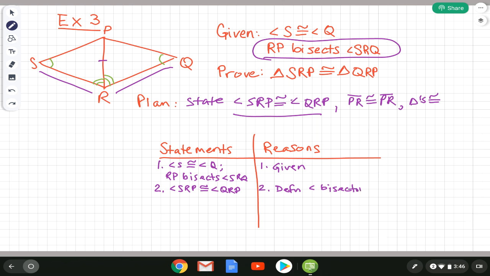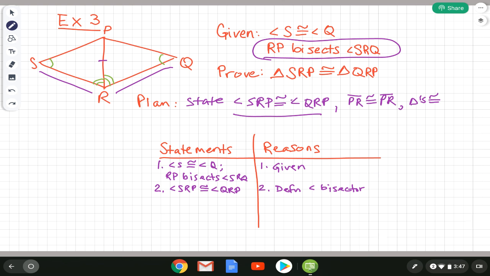Now, when you read RP bisects angle SRQ and you see that it's marked in the figure, you might be tempted to just skip saying that these two angles are congruent, but in a proof you have to state everything. Even if it's obvious, you have to go through the motions of actually listing out each pair of angles that's congruent and the non-included side in this case. Every part that you need for whichever theorem you're using, you have to actually state the angles or the sides or whatever it is you're looking for.